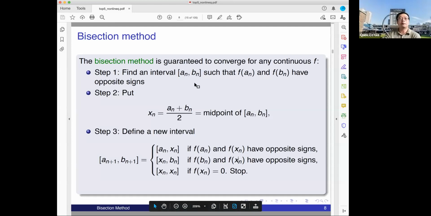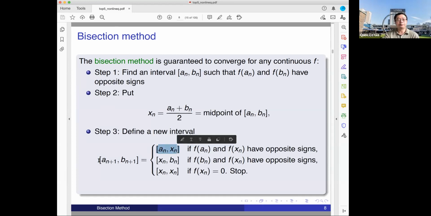You find the interval an and bn so that f(an) and f(bn) have opposite signs. You multiply, then it should be negative. Then you find the midpoint. And if you find the midpoint xn has opposite sign, this one will be your new interval.